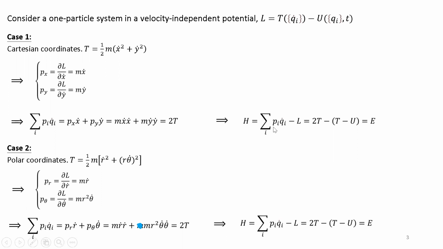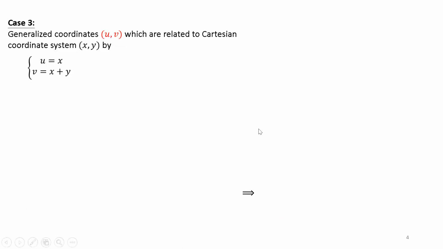Let me try one more case with other coordinates. This time I'm going to use this coordinate pair U, V, instead of X, Y. The UV and XY are related by these two equations, so you can imagine this is some kind of linear transformation from XY to UV.